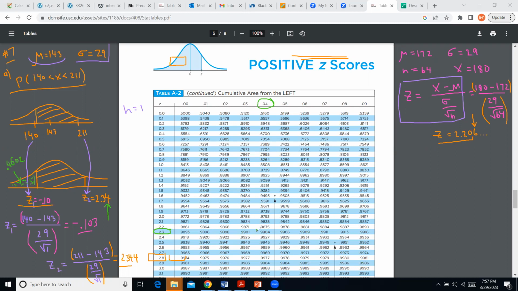So right on their intersection, I have another area, and this is going to be the big one. So this is going to be the one that we have from the left side, as usual, up to that particular point. So here's our big area, and it's 99%, 0.9904.